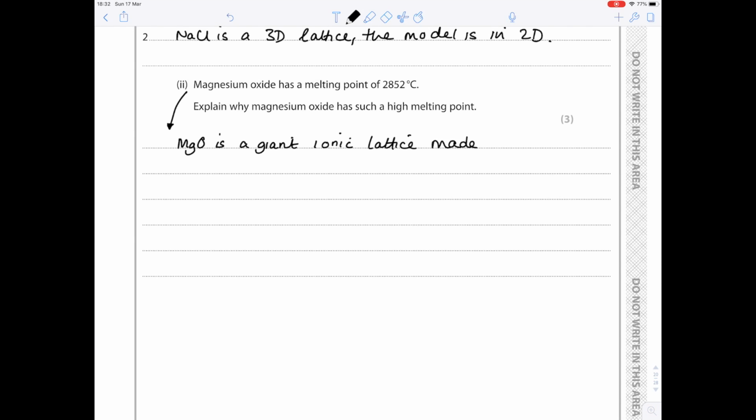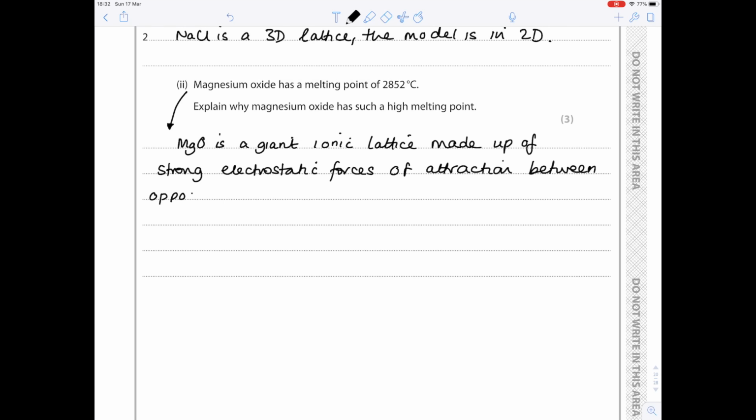And let's really state what that means. So made up of strong electrostatic forces of attraction between oppositely charged ions. And let's state what those ions are.